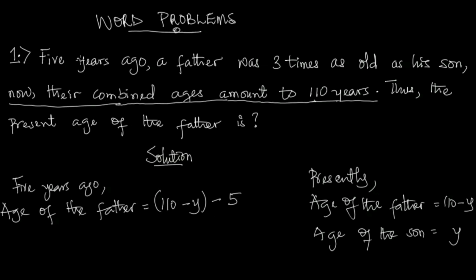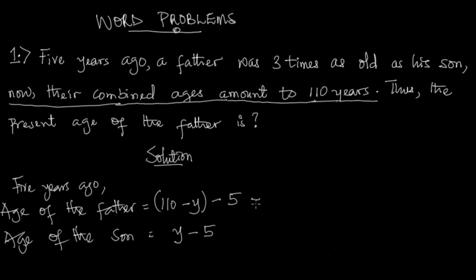Because we're told 5 years ago, the father was 3 times as old as his son. So 5 years ago, the age of the son will be what? y minus 5. Alright? The present age minus 5.